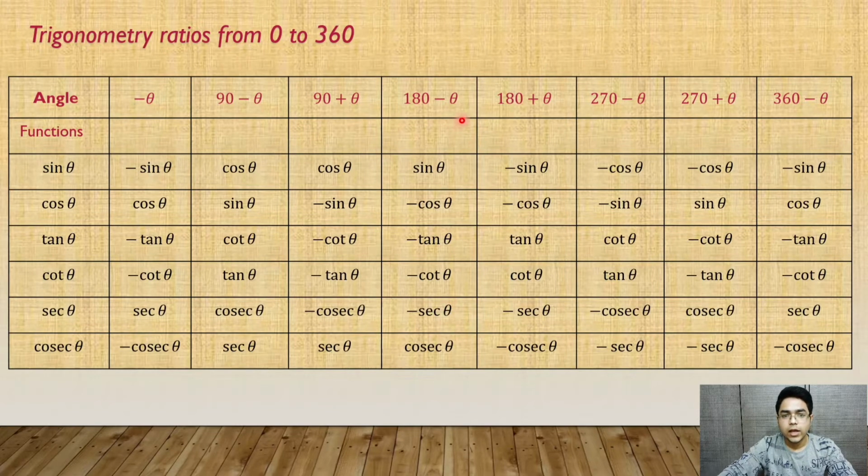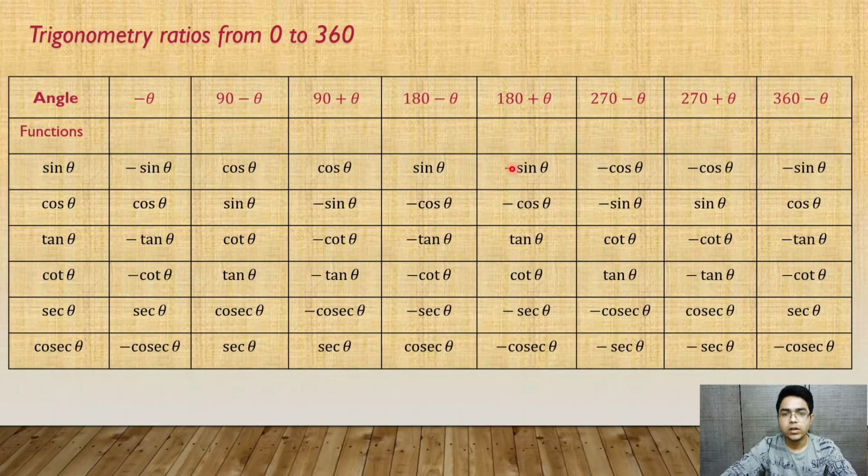Here, as it is suggesting 180, that is pi, or 2 pi, or 0, will be giving us the same functions as mentioned here, and only the signs will change according to the first quadrant, second quadrant, third quadrant, and fourth quadrant. Now for 180 plus theta, it is going to the third quadrant.